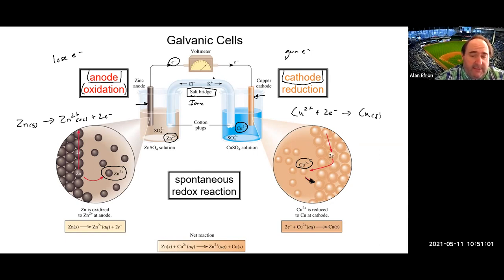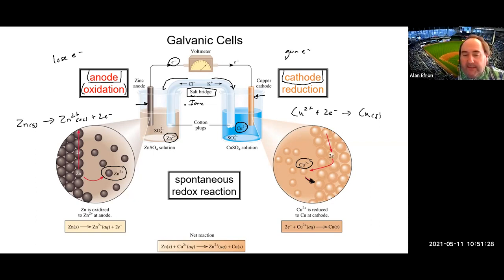The potassium ions will float down towards the cathode side. The chloride ions are going to float towards the anode side. There are also some plugs there, so the solution doesn't come out. It just slowly diffuses one way or the other. It doesn't fully flow in there.